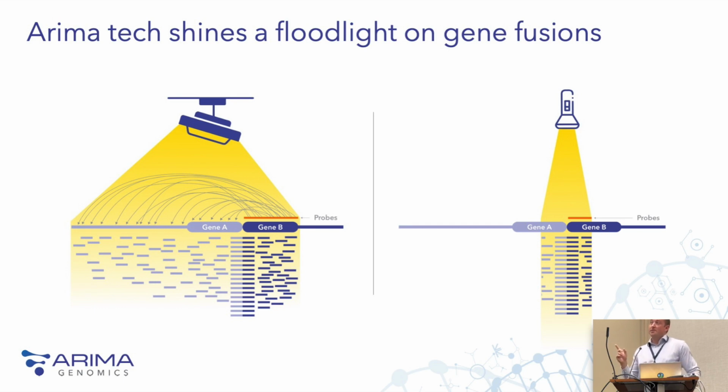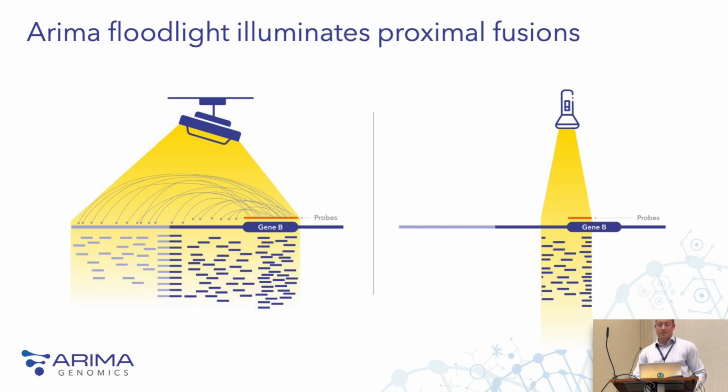But in the case of a proximal fusion, shown here, where you have the breakpoint over here, so it's not a gene-to-gene fusion, you'll still capture those 3D linkages between the target gene of interest and the partner locus, even if it's not a chimeric gene-to-gene fusion. Whereas the typical approaches, of course, will not be able to see that.